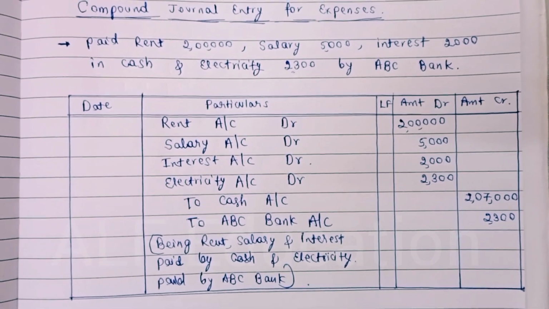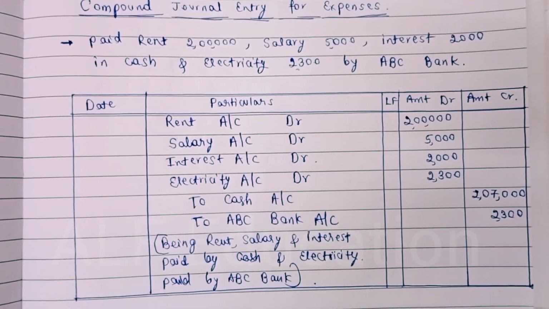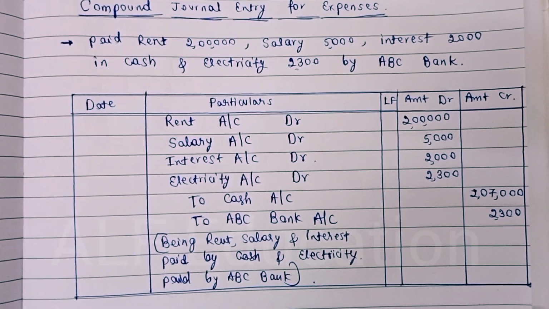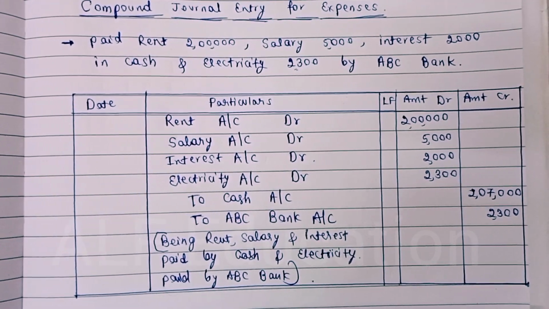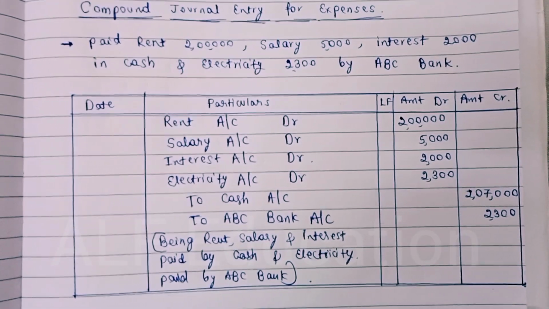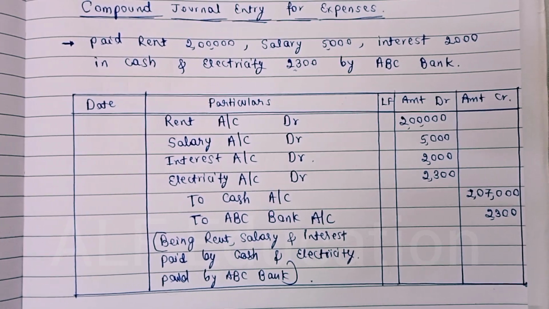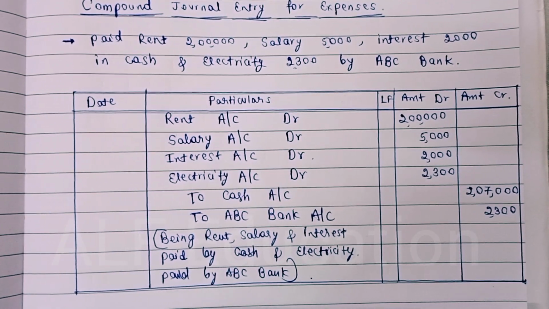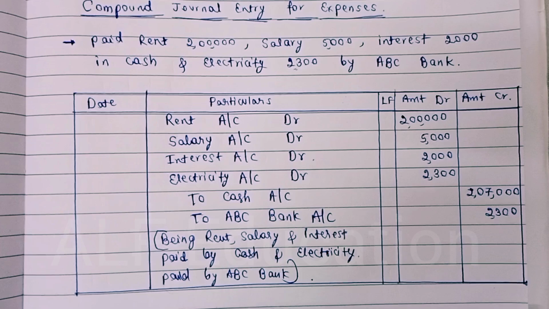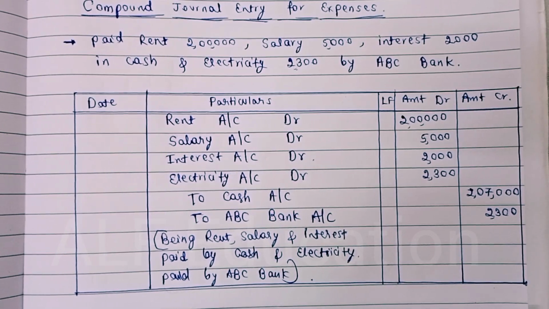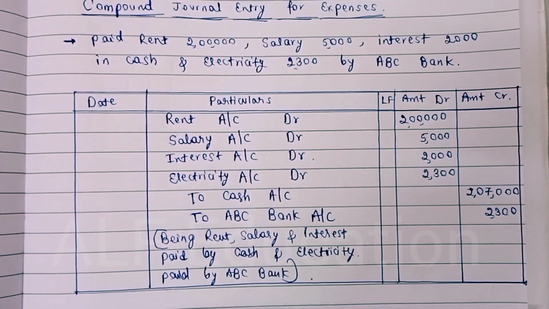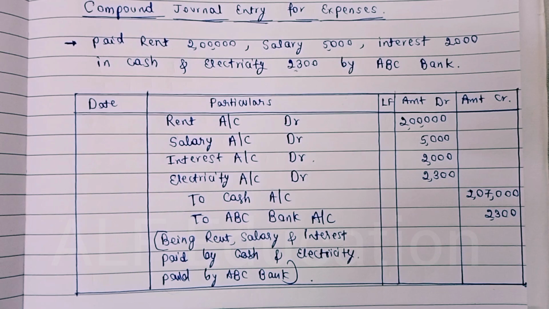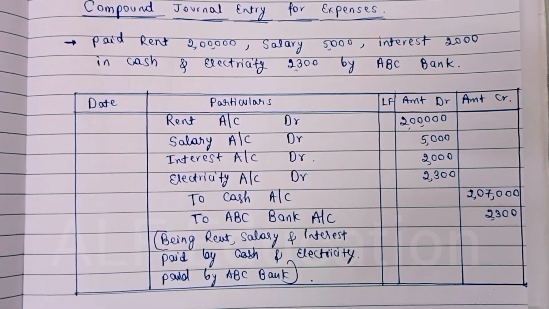Mention the date. Under particulars, rent account debit 2 lakh, salary account debit 5,000, interest account debit 2,000, electricity account debit 2,300. Since there are two accounts involved, cash account and bank account, you need to calculate manually what the cash transactions are, like rent, salary, interest, which are paid in cash.